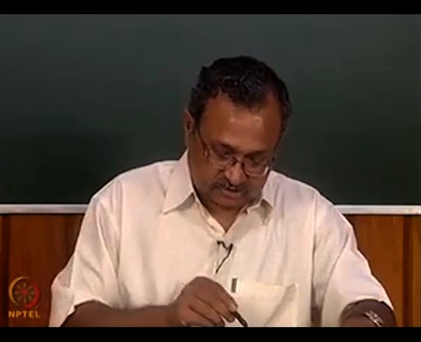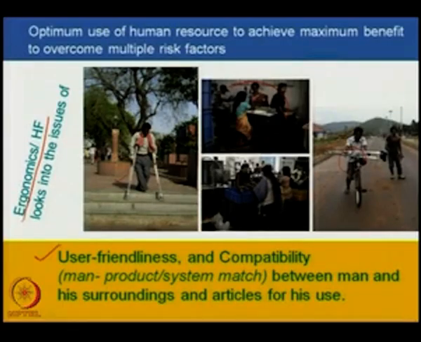Now, for this users' friendliness and compatibility, that is man and product, man and system match is necessary. So, we can say that users' friendliness and compatibility between man and his surroundings and articles for his use is to be established and studied accordingly, and different design applications are to be done, and it will be evaluated whether it creates the desired effect.